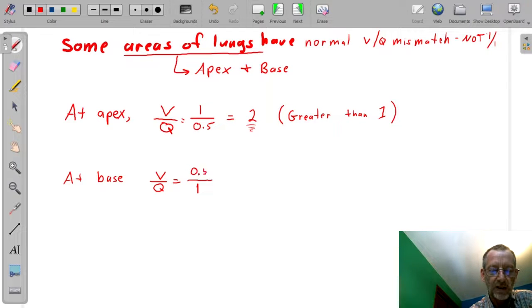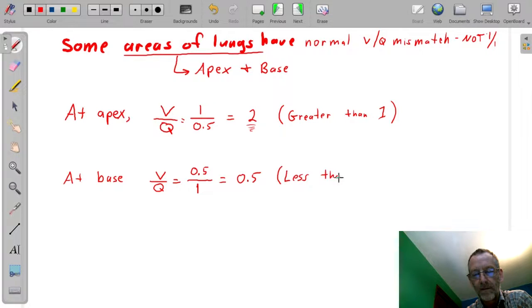Some of those tiny little bronchioles have been squished due to the blood column, and that then equals 0.5. So now we have a VQ mismatch, a ratio that's less than 1. So if the VQ ratio is less than 1, it tells you that perfusion exceeds ventilation.